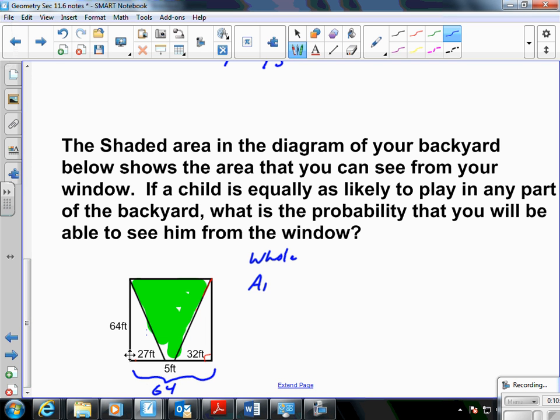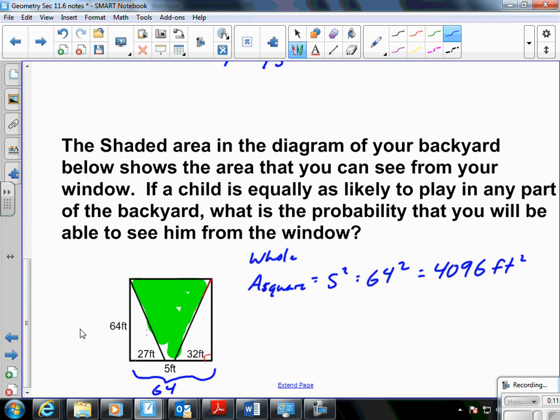So my backyard is 64 feet by 64 feet. So I need to find the area of the square, which area of a square is just the side squared. So 64 squared is going to give me a total of 4,096 square feet.